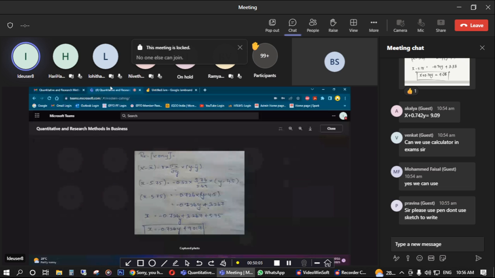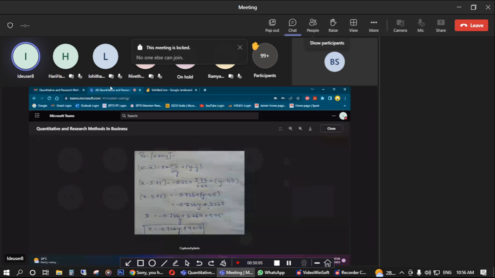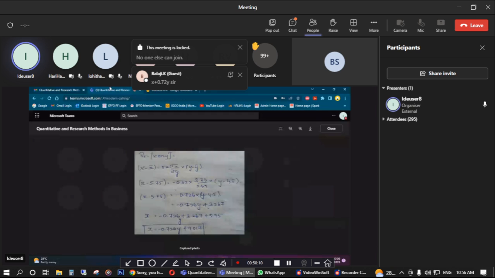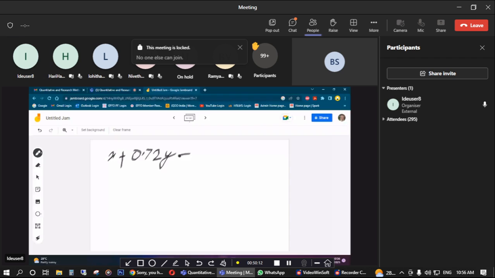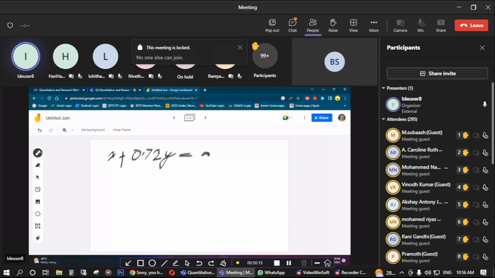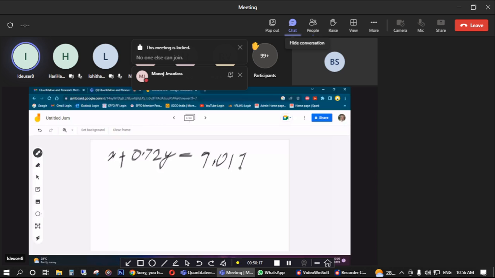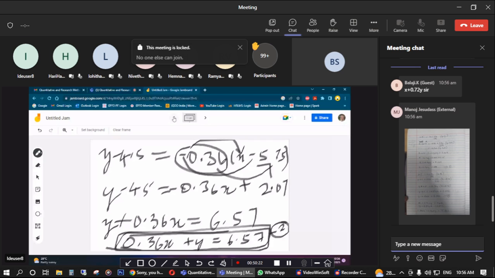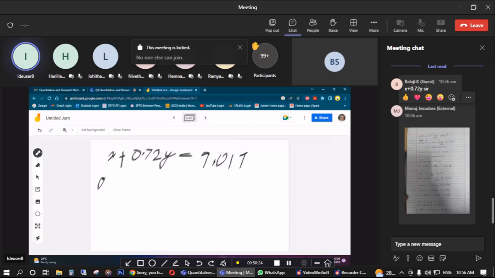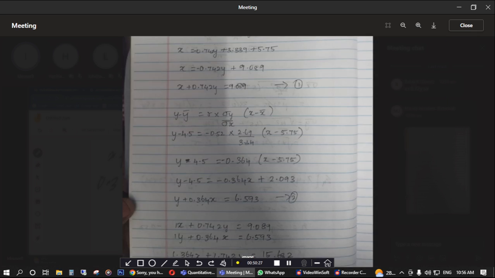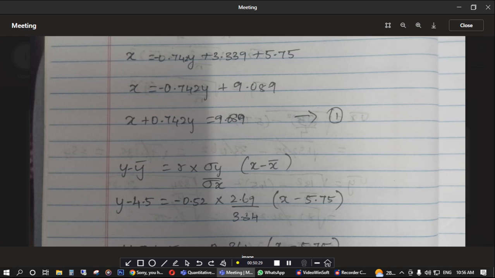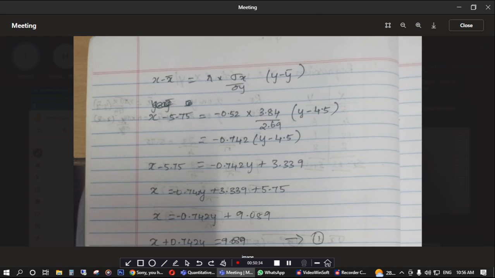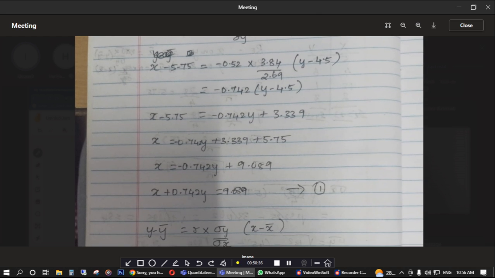So x plus 0.72y is equal to 9.017. And what is the next equation? 0.36x plus y equal to 6.57.